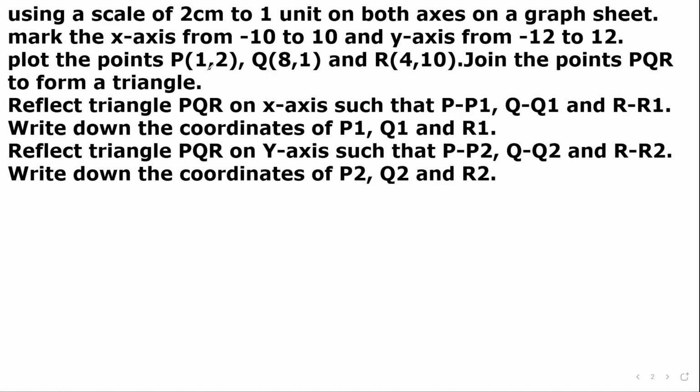So you join the points P, Q, R here to form a triangle. Okay, good. Now let's go and plot this one and come back and solve the reflection of triangle PQR on the x-axis. Okay, so let's go and solve the first one, the triangle that will form with the PQR.